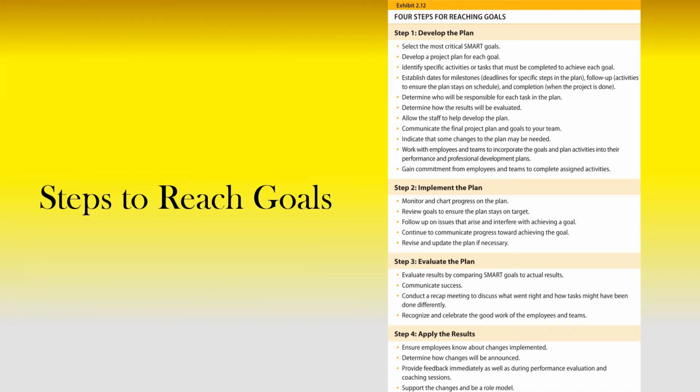We communicate how things went, and we make sure we always recognize and celebrate the work of the people that did it, because we need to acknowledge those people that are putting their time and effort to get those things together. And then we apply any results. So any changes that come about for that, we make sure those get applied. Make sure again we communicate and we document it, and then we create and we start the process over again.